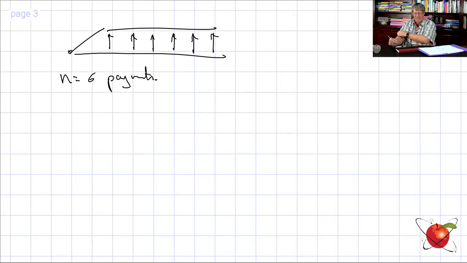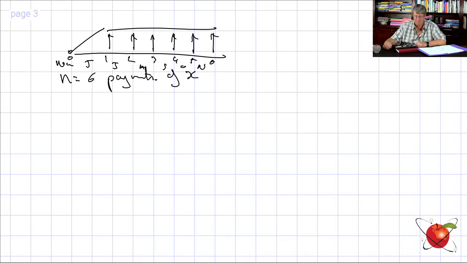But what if I pay up front, 6 payments of X? This is the end of month 1, 2, 3, 4, 5, and 6. Call it June, July, August, September, October, November. Doesn't matter what you do. January, whatever.